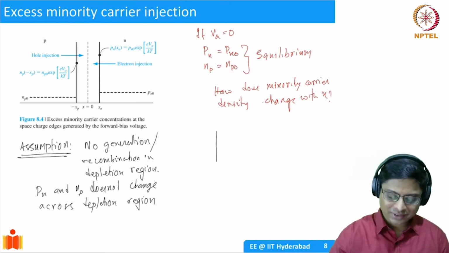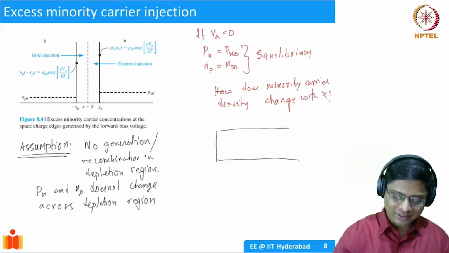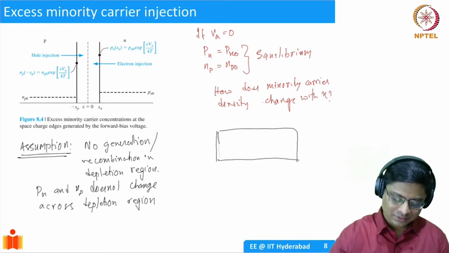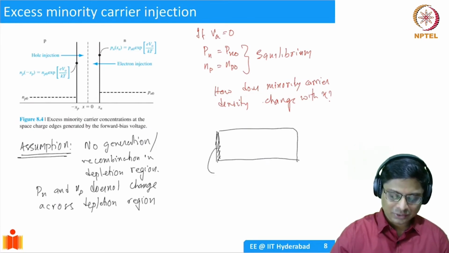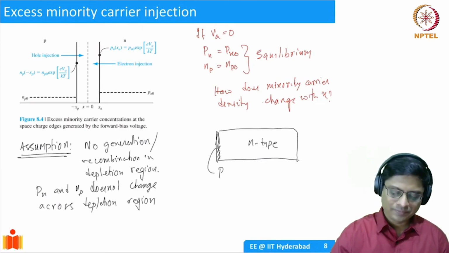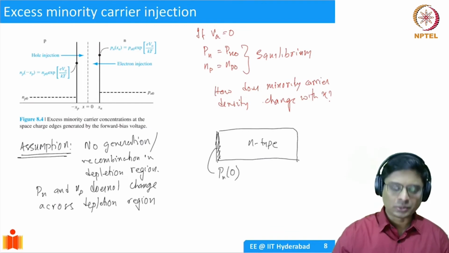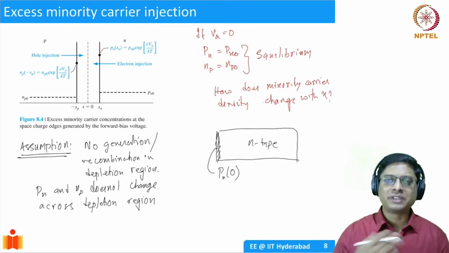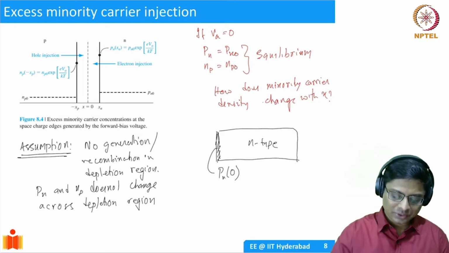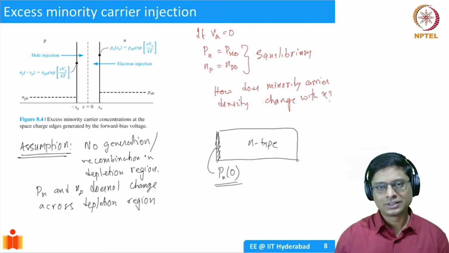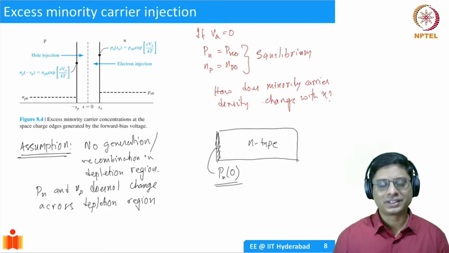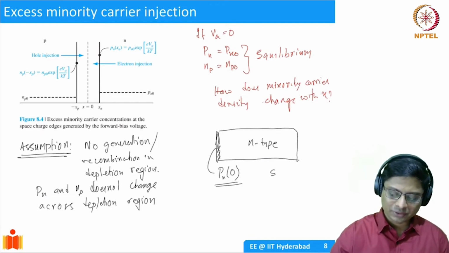So we have taken a situation wherein you have, let's say, a semiconductor, and somehow we are introducing some minority carriers here. If it's an n-type semiconductor, you have introduced, let's say, P at 0 point, and then assume that you have reached steady state. You applied a voltage and waited. So we are introducing a steady number of Pn at 0. What happens to the density as you move into the semiconductor?